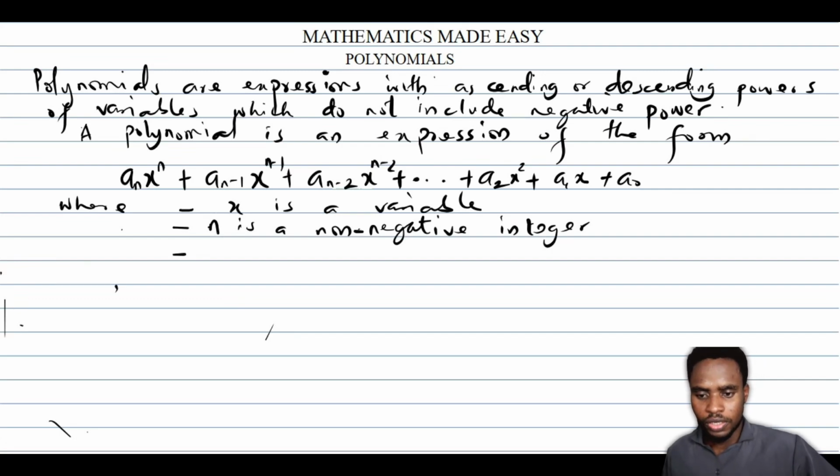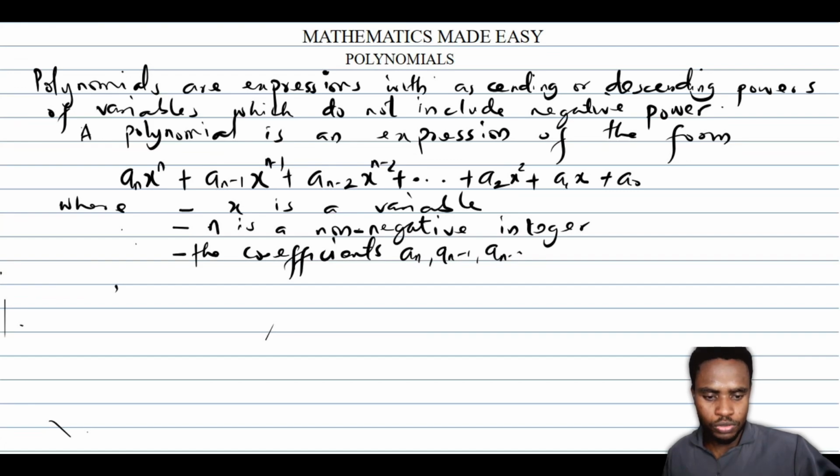For each power of the variable, there are some coefficients involved, and these coefficients are constant. So the coefficients a subscript n, a subscript n minus 1, a subscript n minus 2, up to a subscript 2, a subscript 1, and a naught are constant.